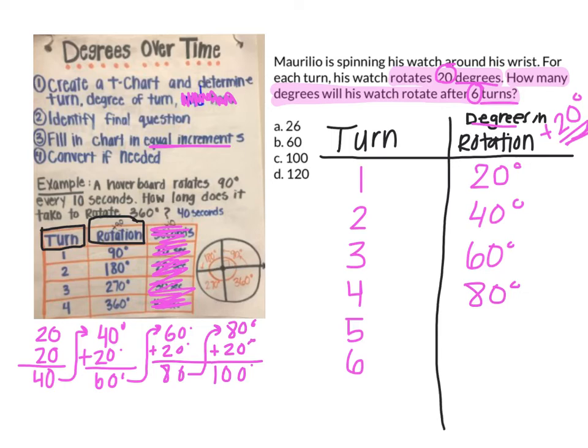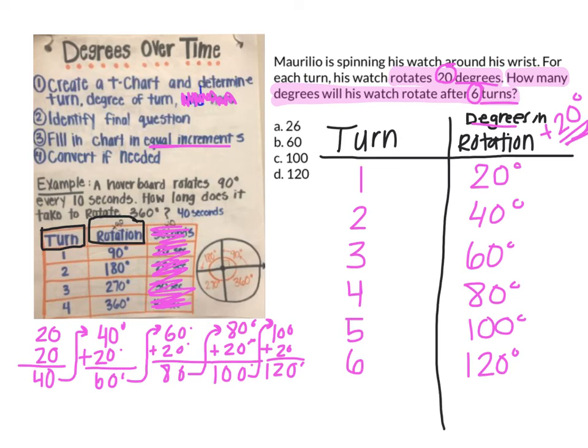And we're at 100 degrees. Now for my last turn, we add 20 degrees to 100 degrees to get 120 degrees. And we can stop there because we've rotated for the sixth time.